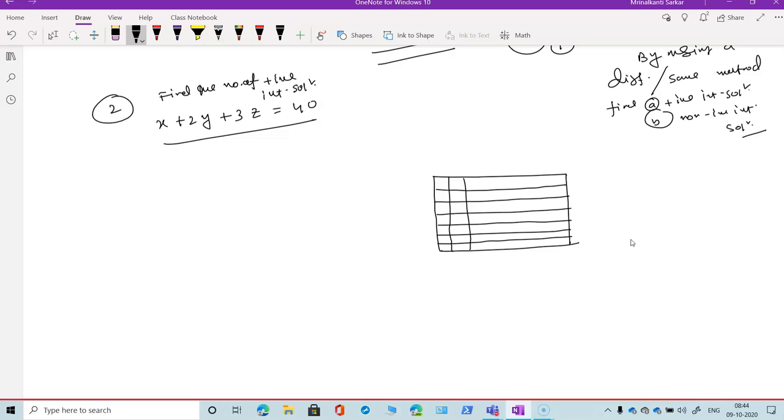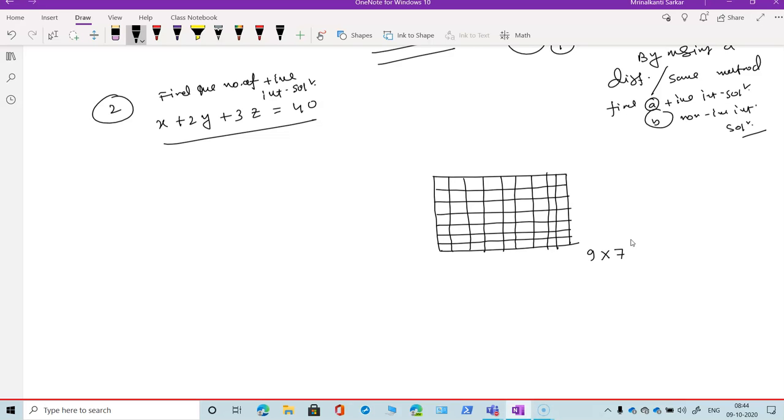This one is a grid. What is the size of this grid? 1, 2, 3, 4, 5, 6, 7, 8, 9. 9 by 1, 2, 3, 4, 5, 6, 7. It's a 9 by 7 grid.